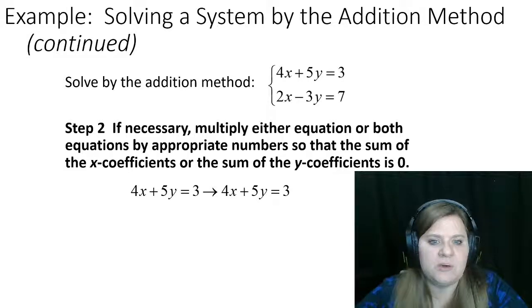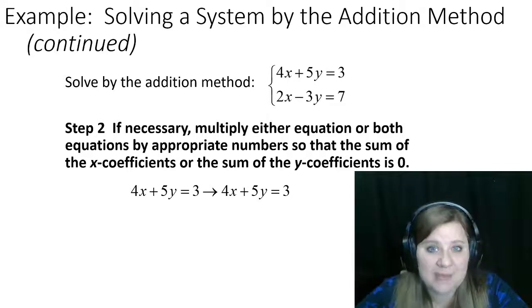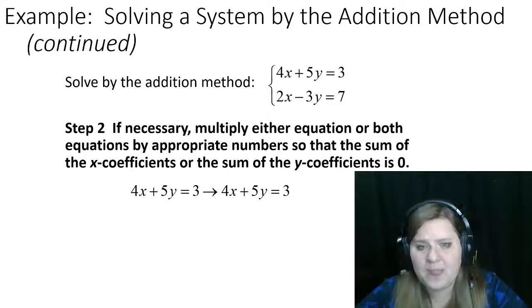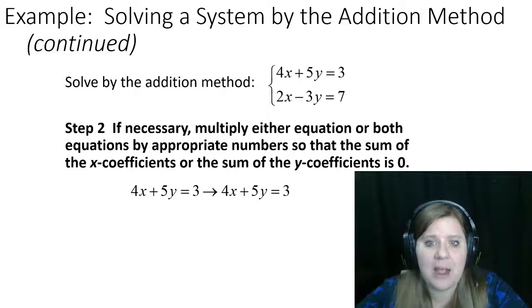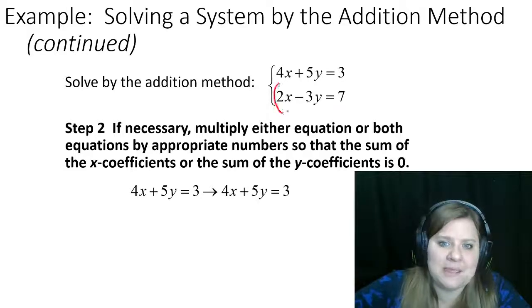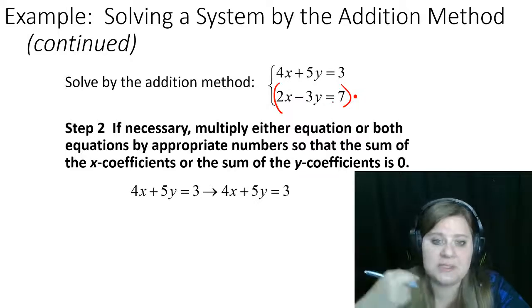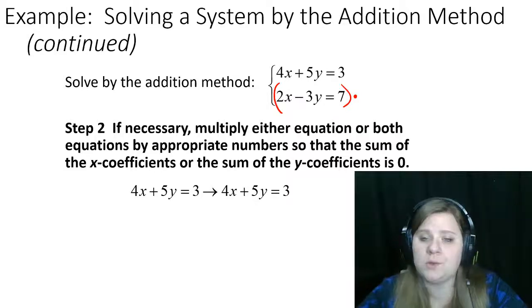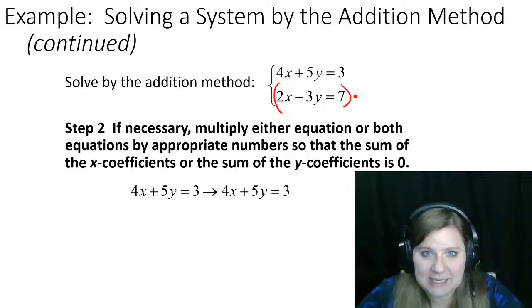So 4x plus 5y equals 3, we're going to keep exactly how it is because the number in front of x already is 4. But I want to figure out, what do I need to multiply the second equation through by? I want the coefficient to be 4, but I also need it to be the opposite sign.